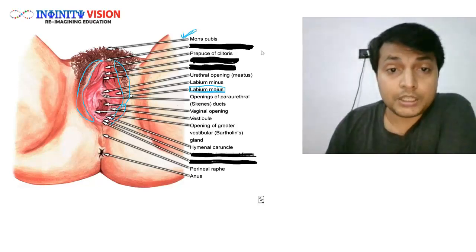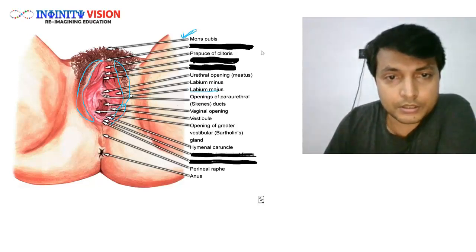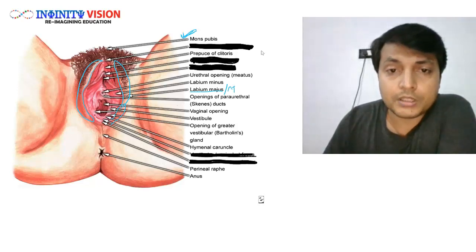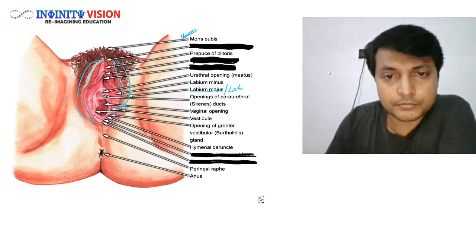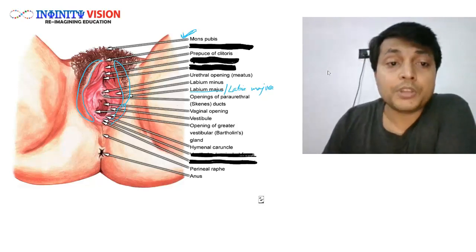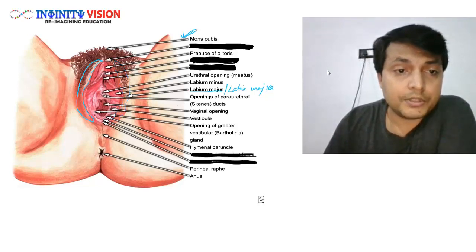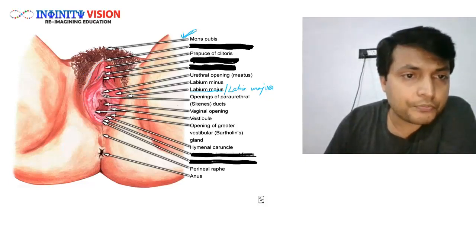Let me write it, labium majus, or we call it labia majora. Now on the inner side of this labia majora, what you can see here is this fold of skin.